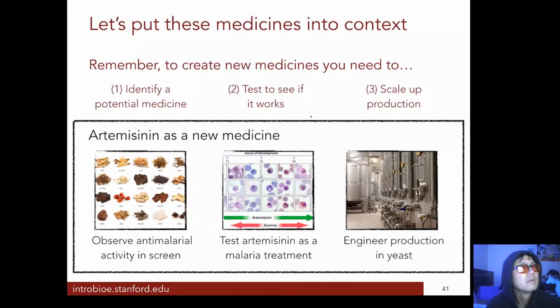But just because we have new methods of doing this doesn't mean that some of those old school observational methods are worthless. It's still worth looking around you to see if there are things about the world that you observe that might be or lead to a new medicine sometime in the future.